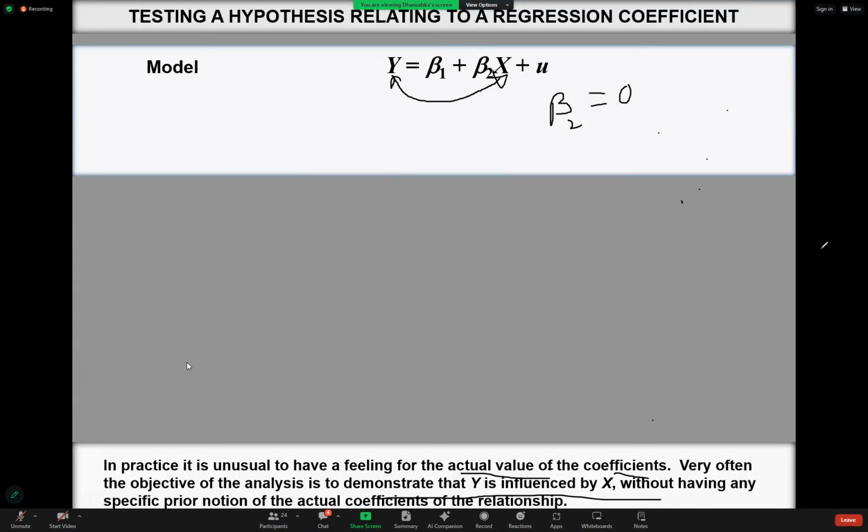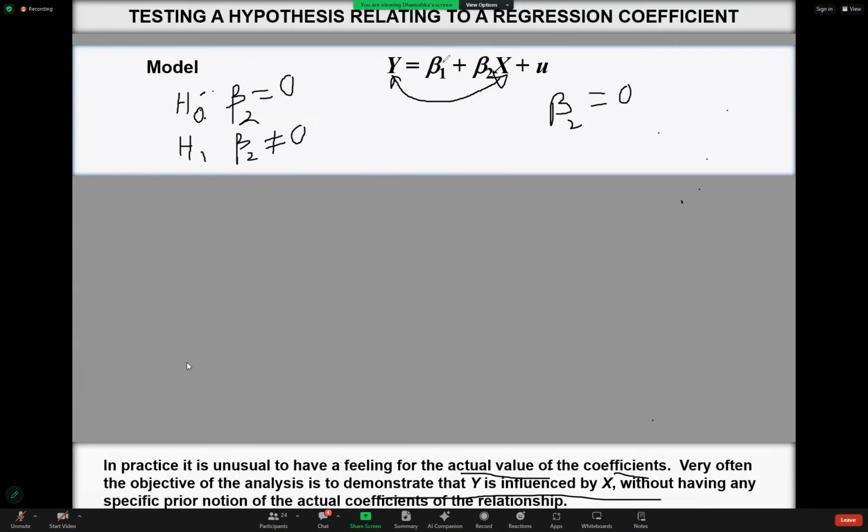Okay. Then you can use hypothesis testing to test your null hypothesis, let's say, beta 2 equals 0. Your alternative is beta 2 not equal to 0.